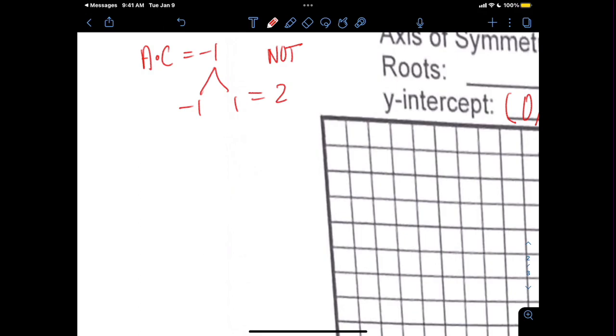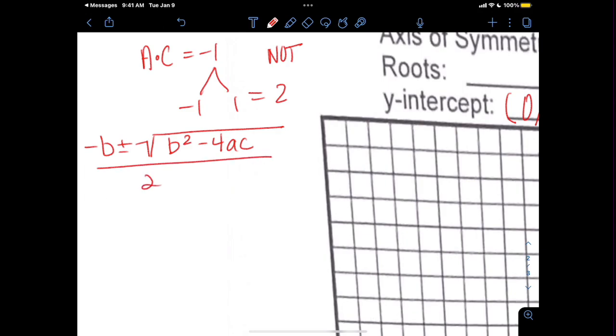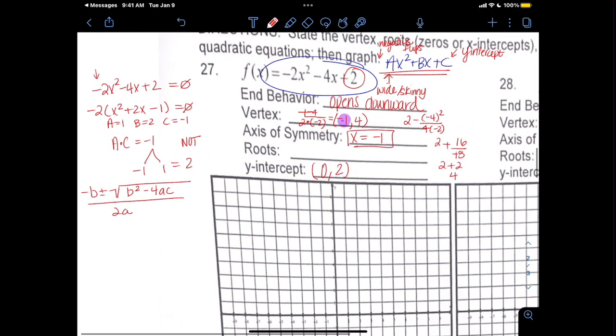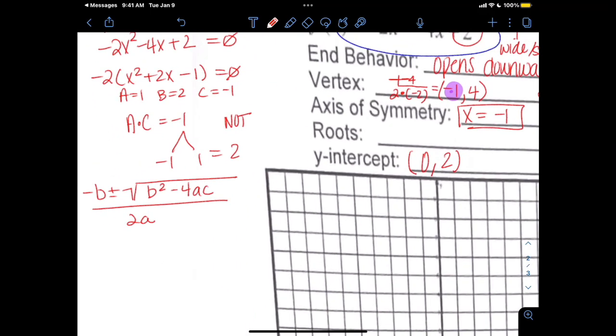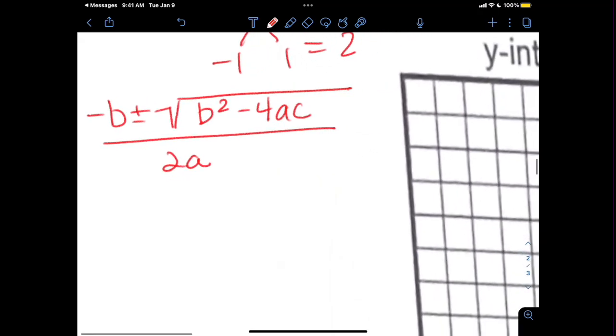So what we're going to do instead is we're going to use the quadratic formula. Negative b plus or minus the square root of b squared minus 4ac all divided by 2a. I'm going to use my original formula. So over here, a is equal to negative 2, b is equal to negative 4, c is equal to 2.